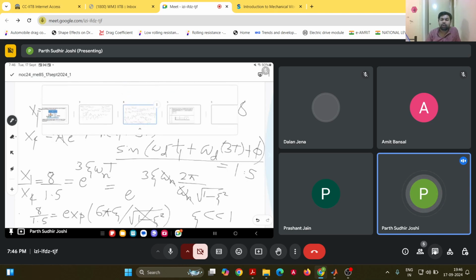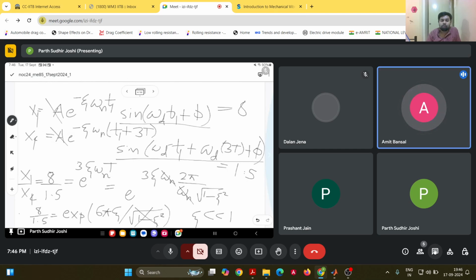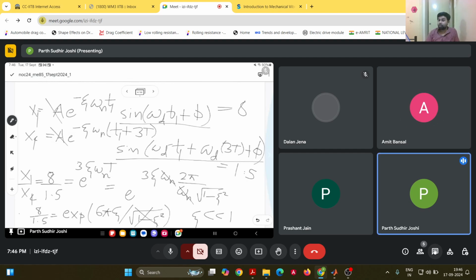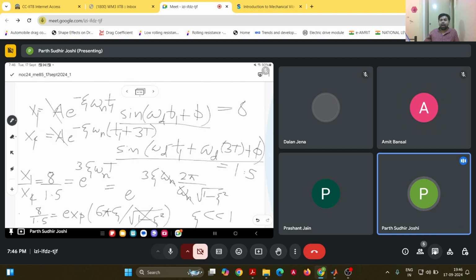Okay, so any doubts till now? Sir, actually remembering this formula, that delta is equal to 2 pi zeta upon root of 1 minus zeta square, is much easier than remembering x is equal to x e raised to power minus zeta omega nt. Yeah, it may be. I'm just telling you from my point of view, I generally find it very difficult to remember formulas.